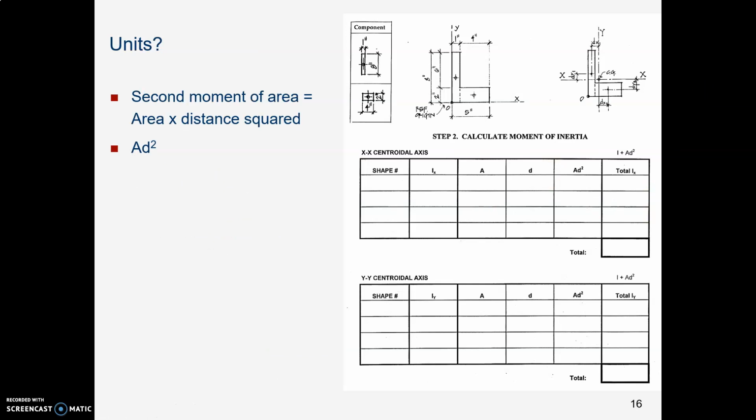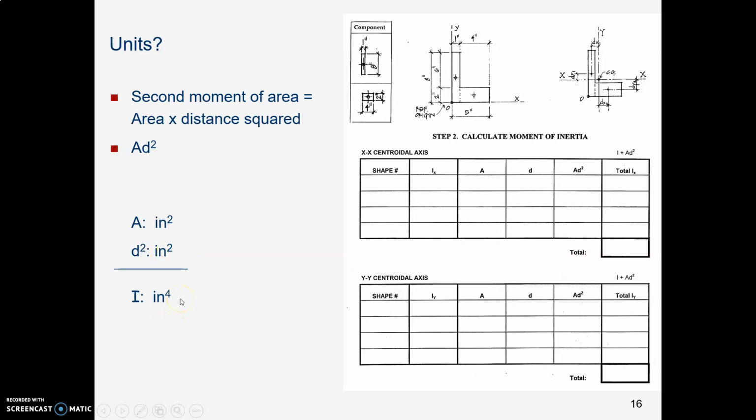I just wanted to think about what units moment of inertia is expressed in. If moment of inertia is the second moment of the area, if it's area times distance squared, well, area is square inches, and distance squared is another set of square inches. Inches squared times inches squared gives you what?